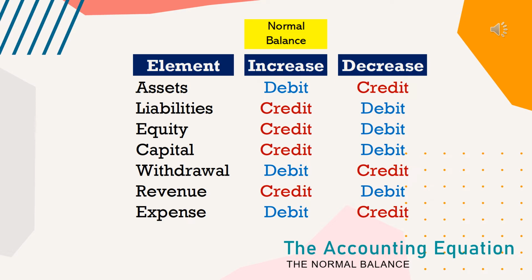On the other hand, increases in liabilities, equity, capital, and revenue are recorded as credit, and therefore the normal balance of liabilities, equity, capital, and revenue is credit. Now, we are ready to define these factors in the accounting equation.